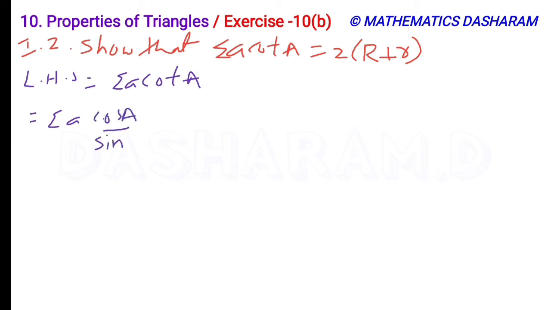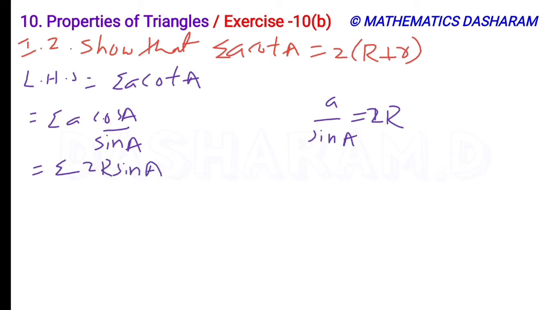But the sine rule is small a divided by sin A equals 2R, where R is the circumradius. From this, the a value is 2R sin A, into cos A divided by sin A. Now sin A is cancelled.